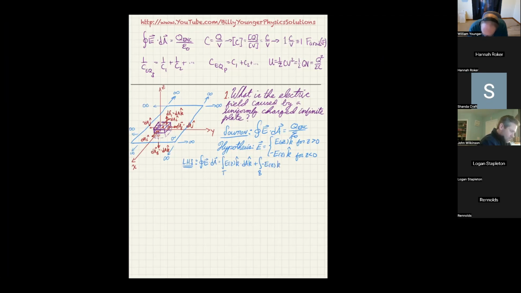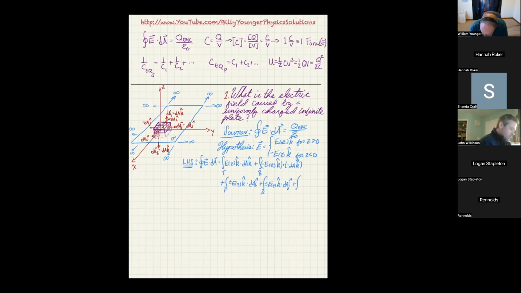No, that one should actually be negative k hat dotted with negative dA bottom, so this is the bottom one, so it's going to be negative dA k hat, plus the integral over the front, which would be plus or minus E of z k hat dotted with dA i hat, plus the integral over the right side, which would be plus or minus E of z k hat dotted with dA j hat.